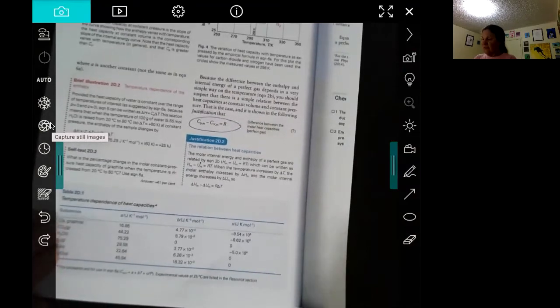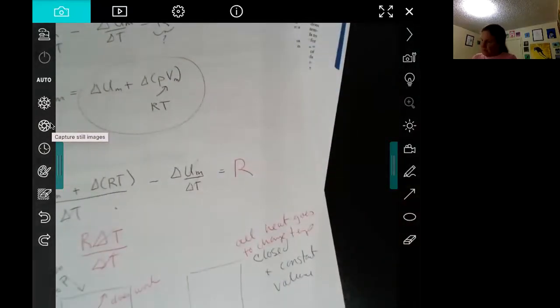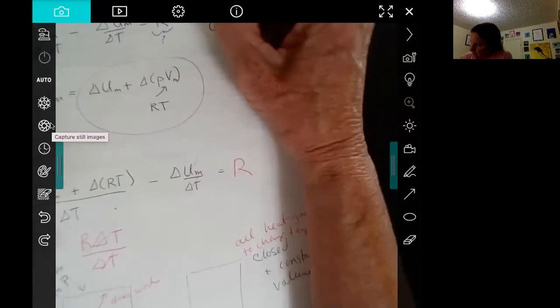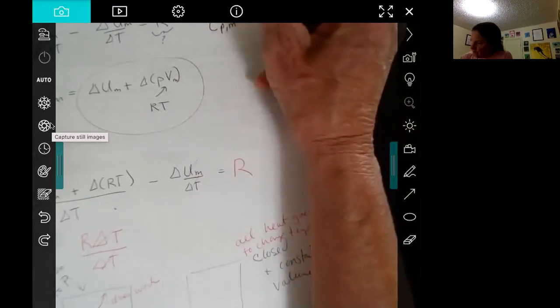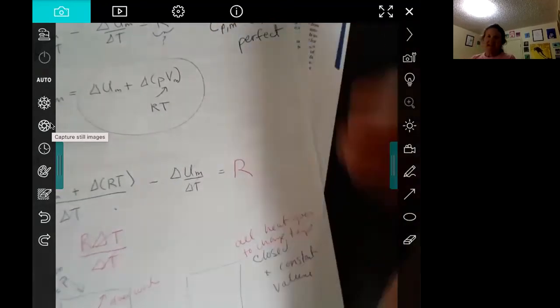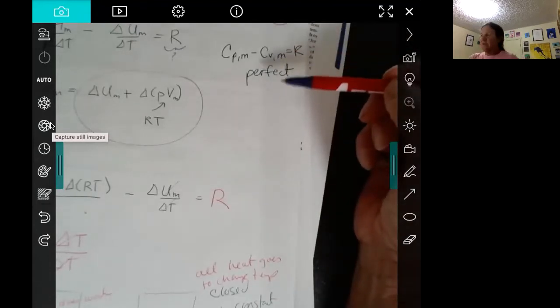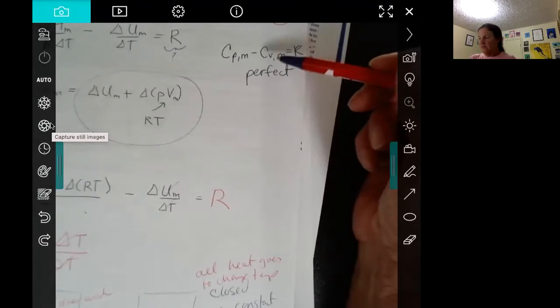So for a perfect gas, the difference in those two is R. So if you have perfect gases, as I said, the difference between the heat capacity at constant pressure and volume is bigger for gases because pressure has a bigger impact on the volume of a gas.